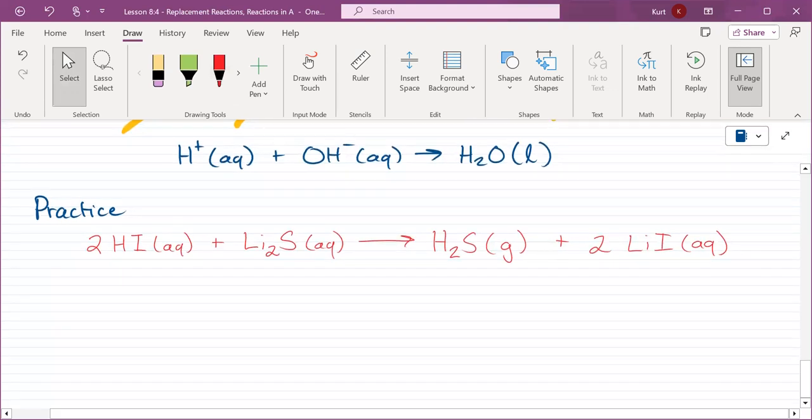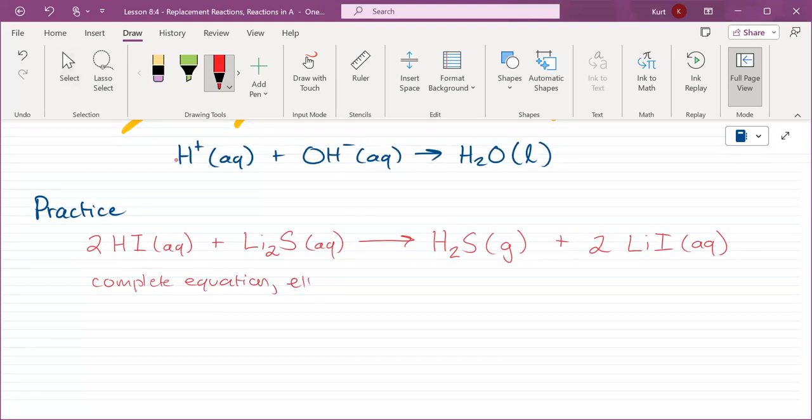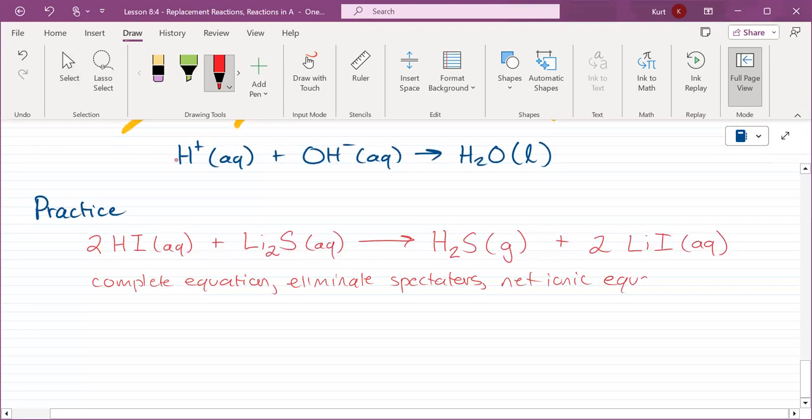You know the drill. Give me the complete ionic equation. Eliminate the spectators. And then give me the net ionic equation. I doubt you guys have these memorized, so you definitely need to refer to a periodic table. If you have it memorized, great. I mean, I'm not saying it's impossible. I doubt you have it memorized.